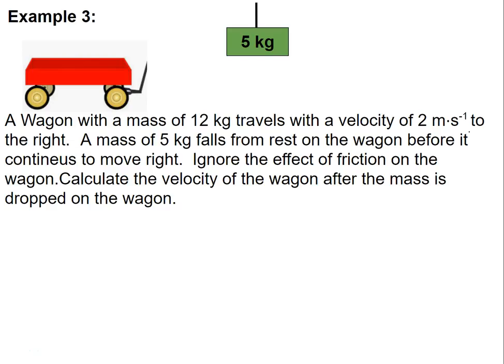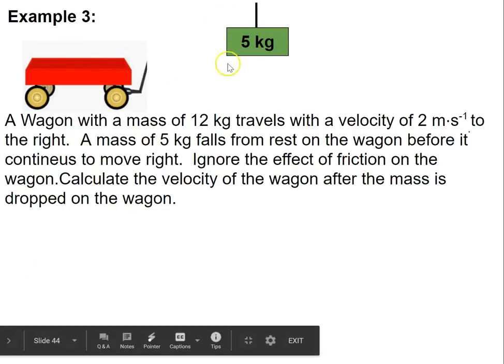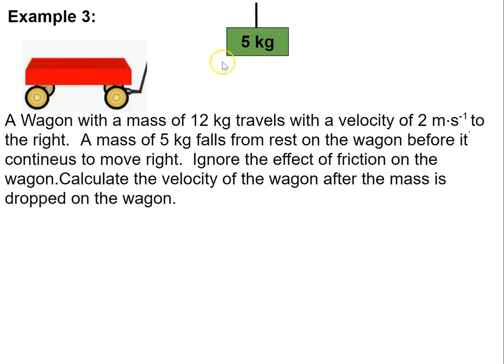One final example. I have a wagon with a mass of 12 kilogram, and I have a mass piece here of 5 kilogram. As the wagon moves forward, the 5 kilogram drops, and then they continue to go. Initially, this sum looks very problematic because I have something moving up and down, and I have something moving from one side to the other.